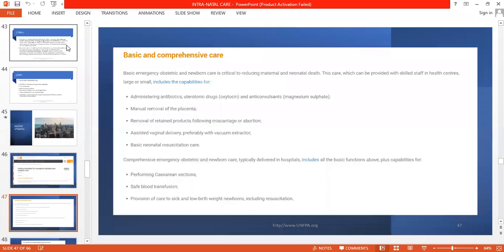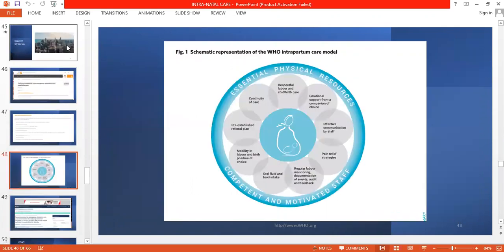Comprehensive emergency obstetric and newborn care, typically delivered in hospital, includes all the basic functions, plus performing C-section, safe blood transfusion, and provision of care to sick and low birth weight newborns, including resuscitation.